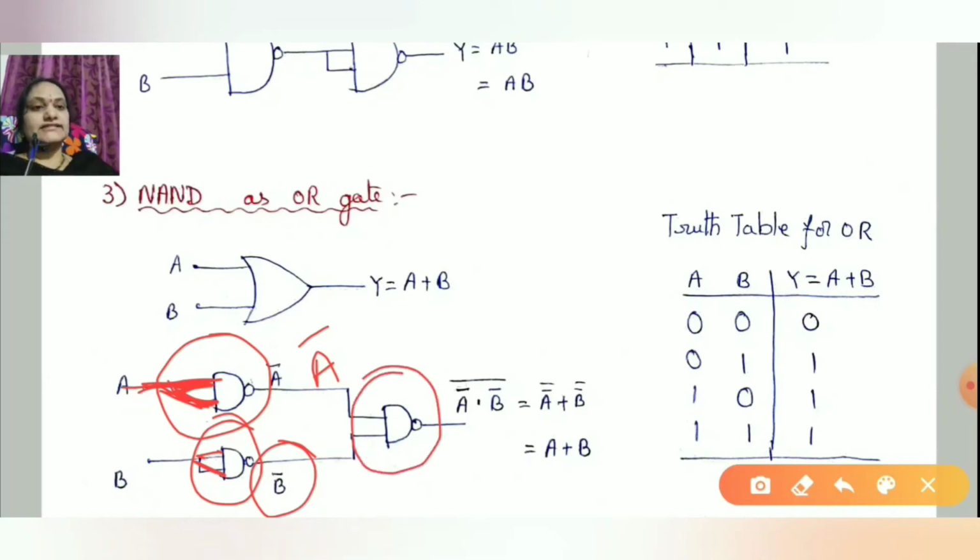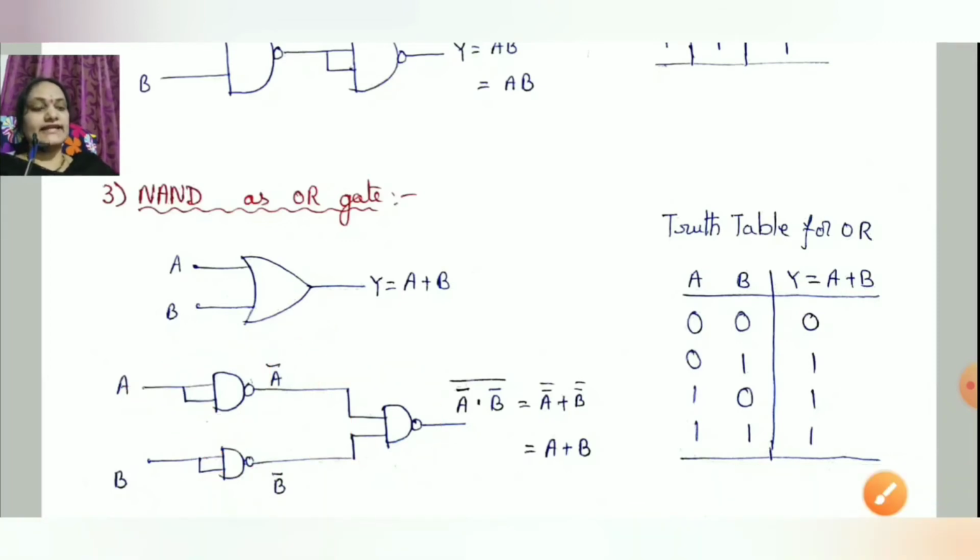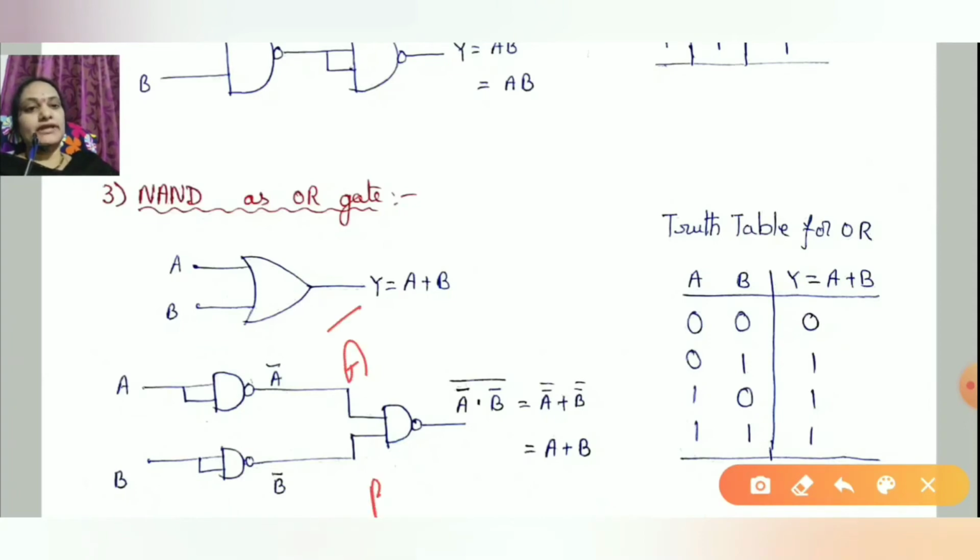Again for this NAND gate, the inputs are A complement and B complement.